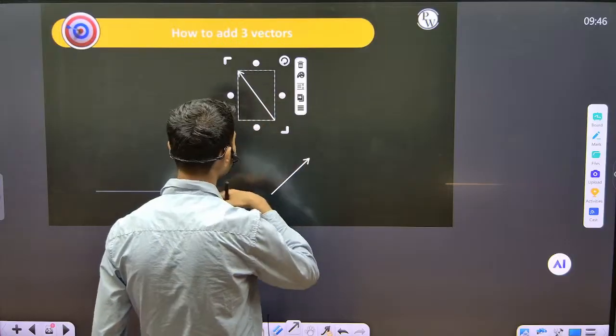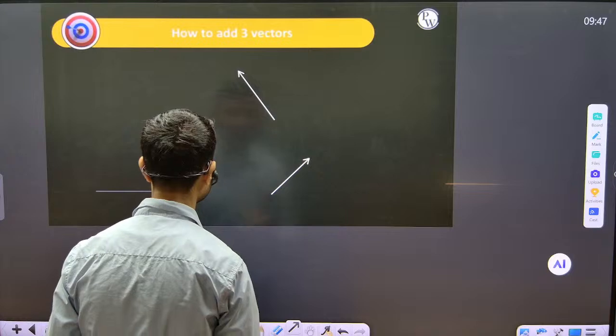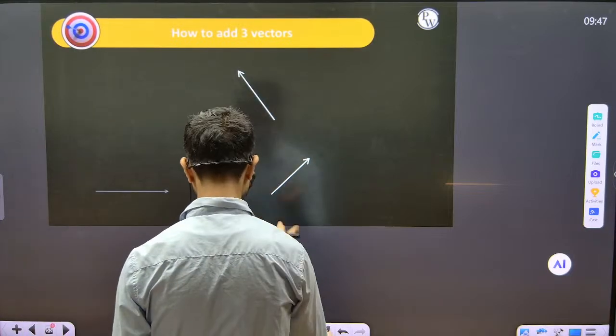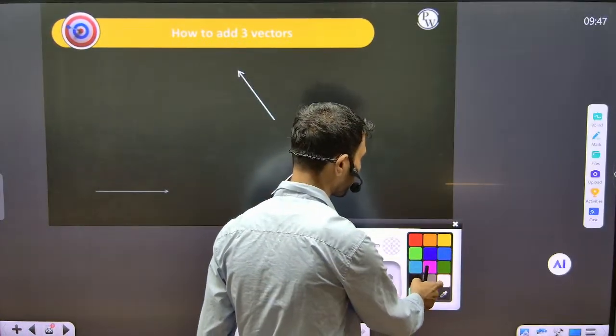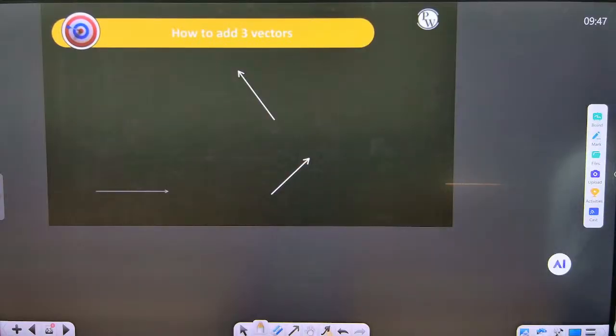We have to add these three vectors, right? So what do we do to add three vectors? I told you we have to do parallel shifting. Actually, three vectors we don't know how to add. So they're asking us to add three vectors. No, we don't know how to add three vectors, right?